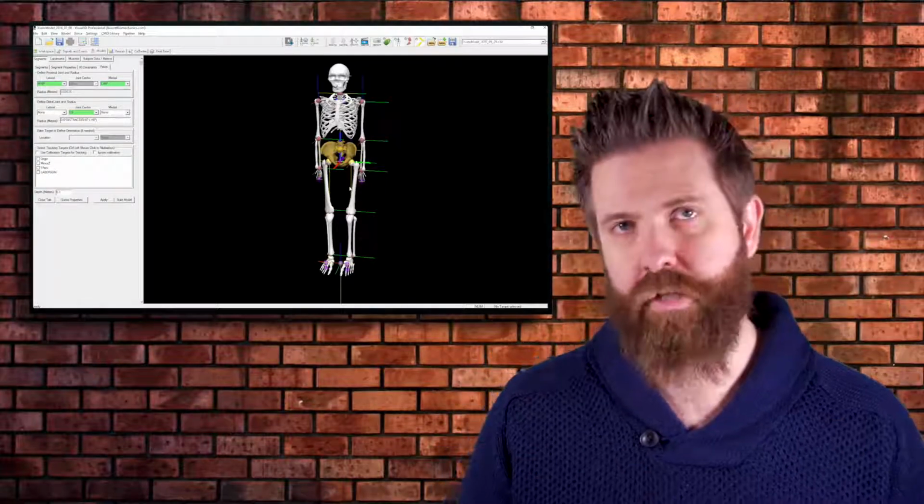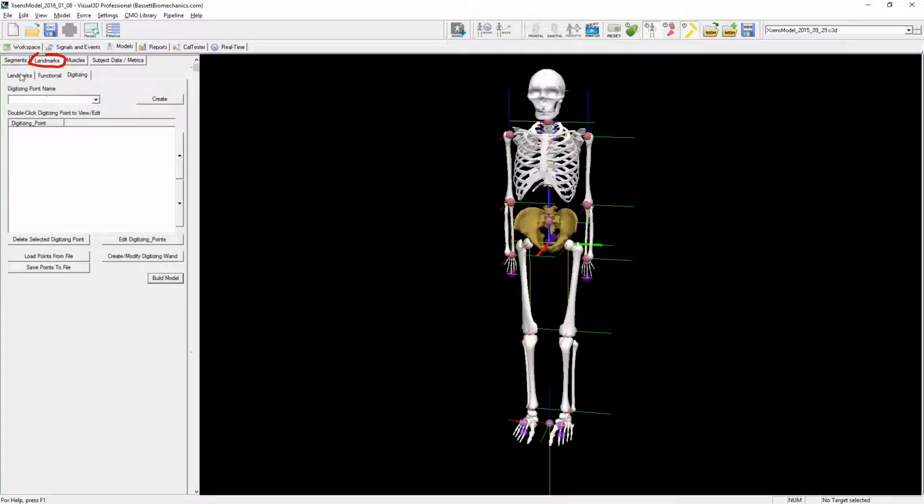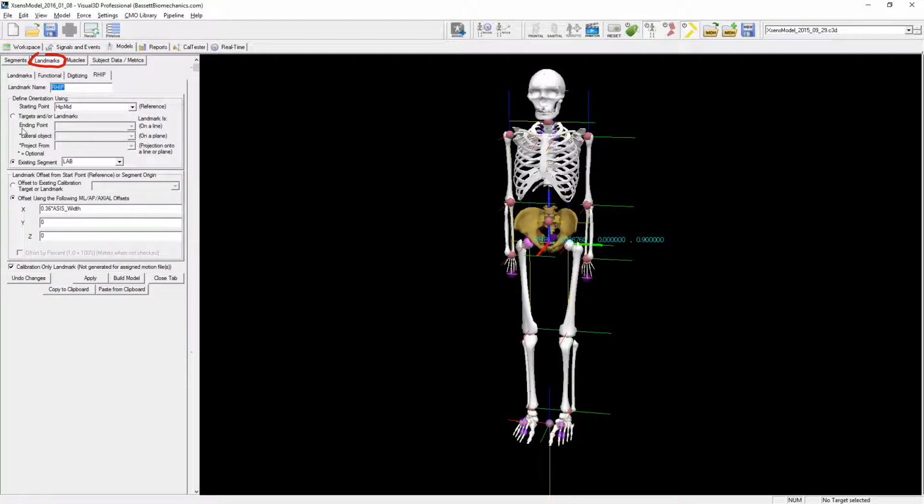They are actually landmarks. What you'll see within this model, if you click up here on landmarks, and make sure you're looking at landmarks, you see all of these landmarks have been defined. And here we have right hip. We double click on right hip, we can get an idea of how this landmark was defined.